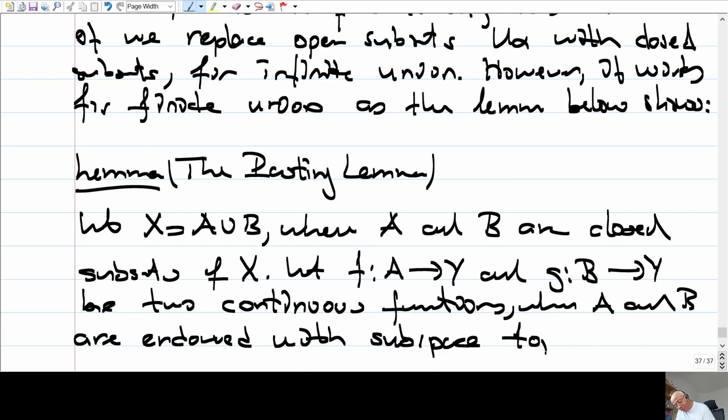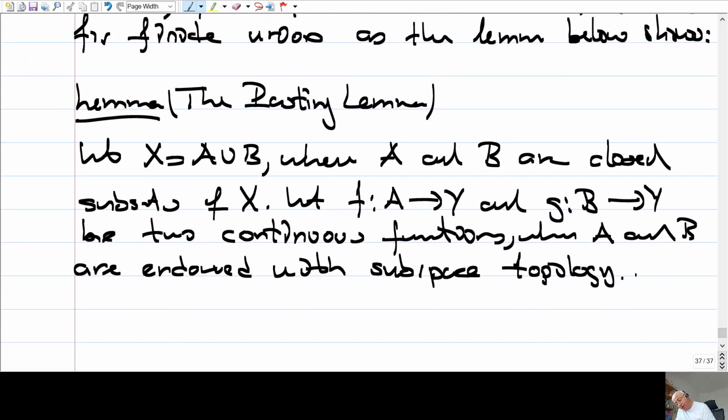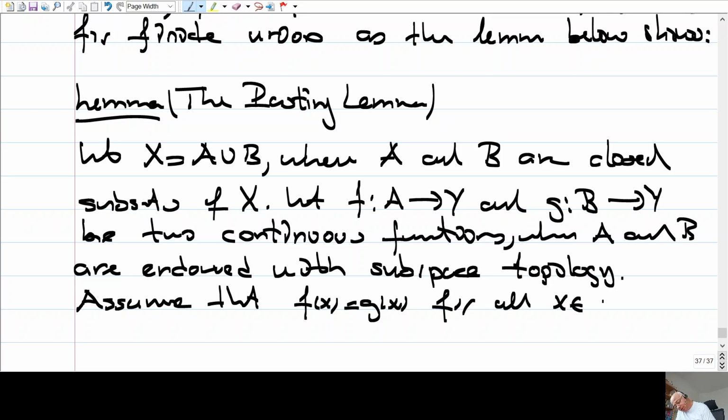Assume that these two functions agree: f of x equals g of x for all x in the intersection of these closed subsets.